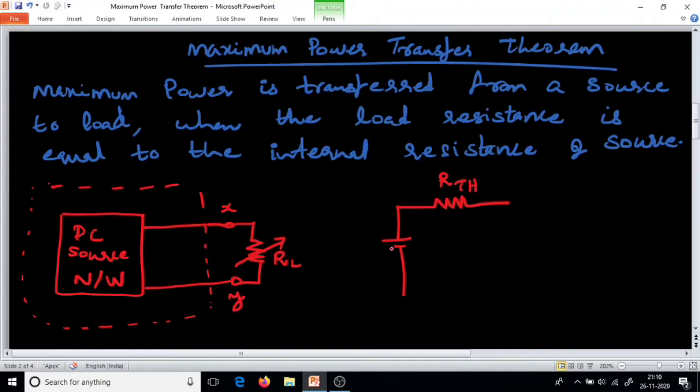So whatever the DC source network is, it can be replaced with a Thevenin network. Now we can connect the load and vary the load and see when the maximum power transfer takes place.